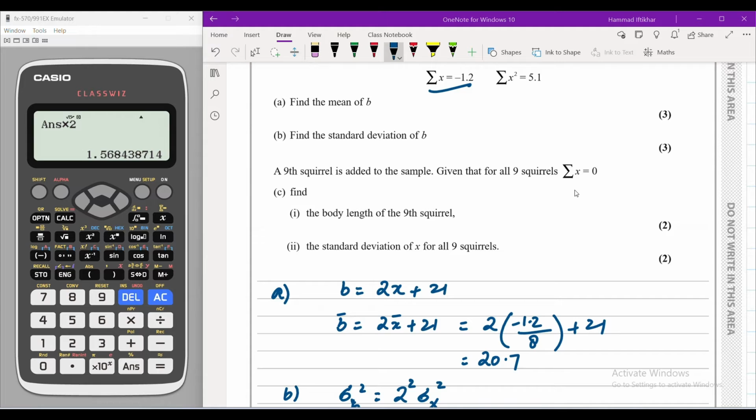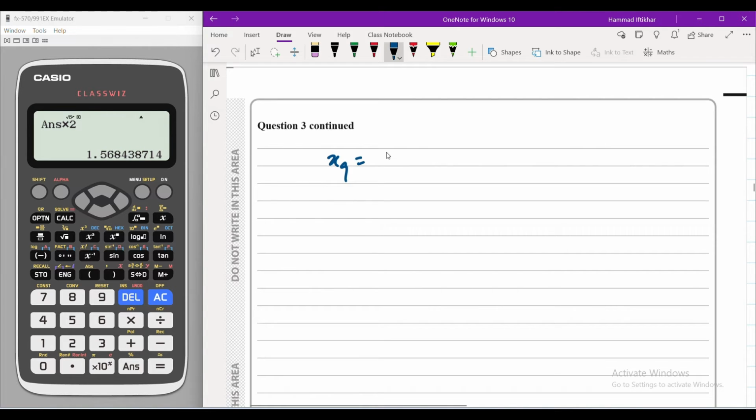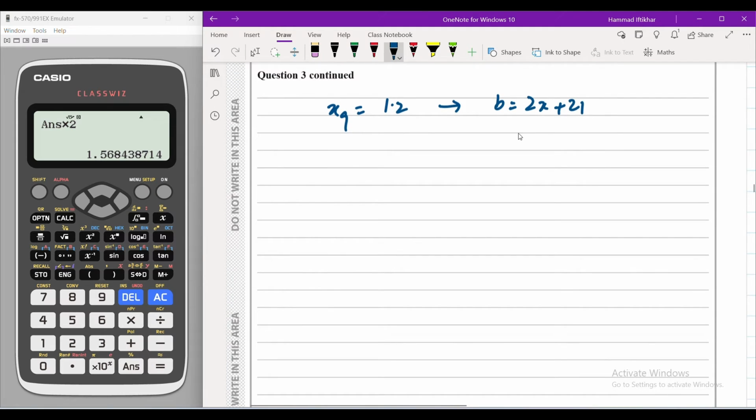So this clearly means that if something has been added, now the sum has dropped to 0, so that means the x value of the 9th squirrel is actually 1.2. Which corresponds to b is equal to 2x plus 21. Minus 21 or plus 21? Yeah, plus 21. So that is just simply 2 times 1.2 plus 21. So 2.4 plus 21, that is 23.4.